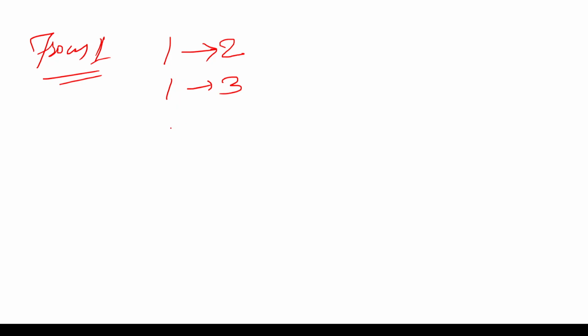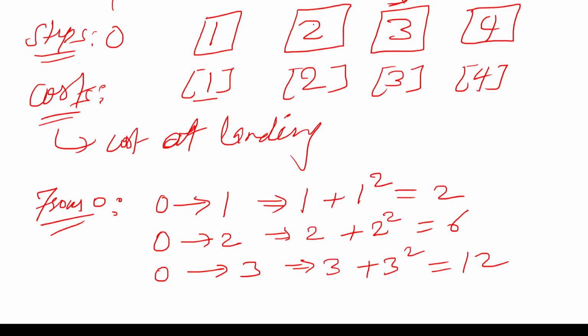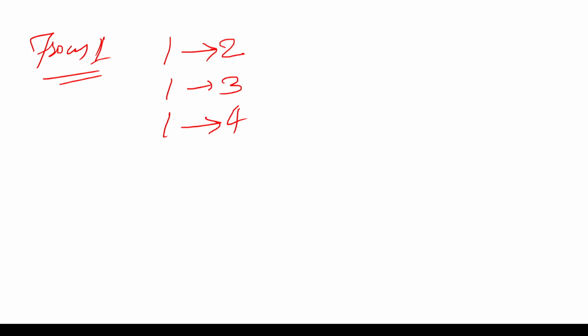Now similarly we'll go from step 1. From step 1, what are the possibilities? From 1 to 2 we can go, from 1 to 3 we can go, and we can go from 1 to 4, because from the step you are already at, you can go 1, 2 or 3 steps. These are the possibilities.